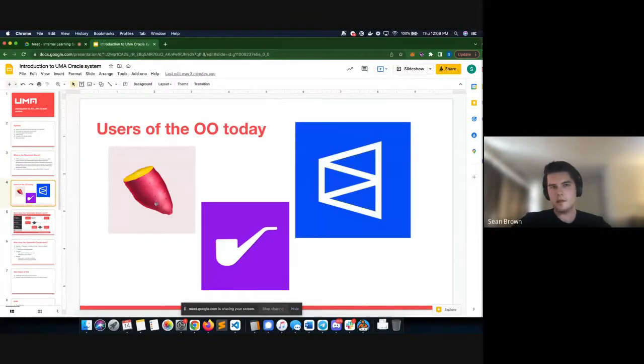Today, the OO, because it's generalized and can really serve any piece of deterministic information, or not even deterministic, that isn't a great word, but we'll discuss that later, can provide very generalized types of information. It's used for a lot of different use cases.